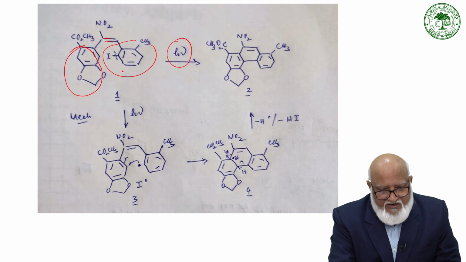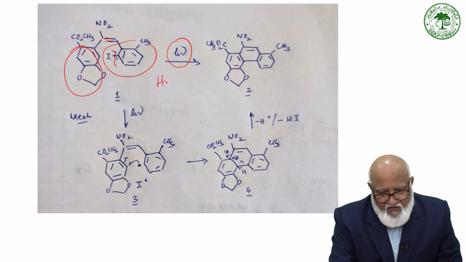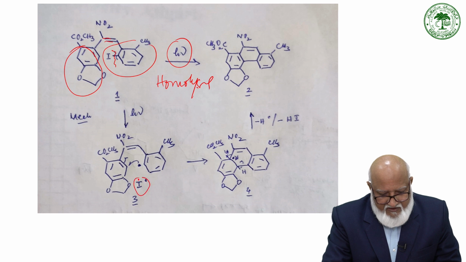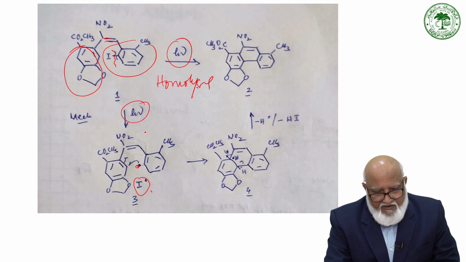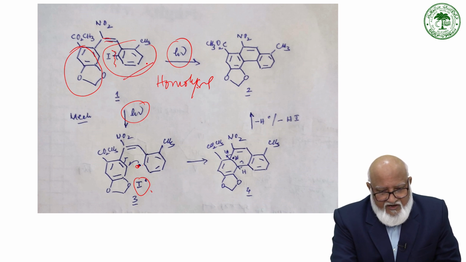Under photolytic conditions, it undergoes homolytic cleavage, homolysis, to give an iodine radical as well as an aryl radical. This is the first step in this reaction, where two aryl groups separated by a double bond undergo homolysis to give an I dot and an aryl radical.